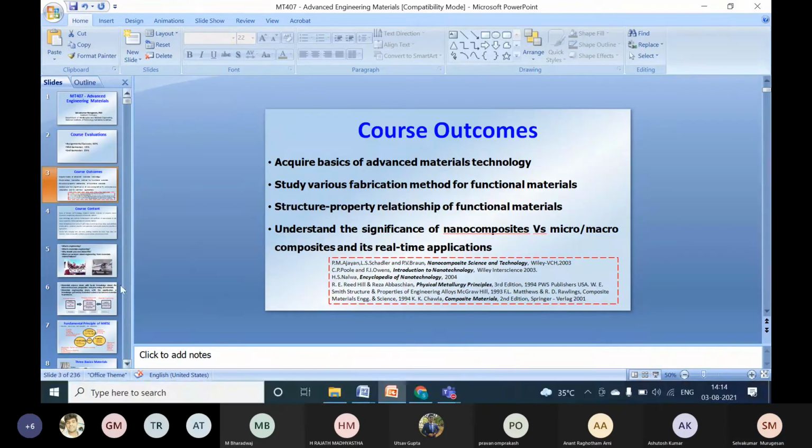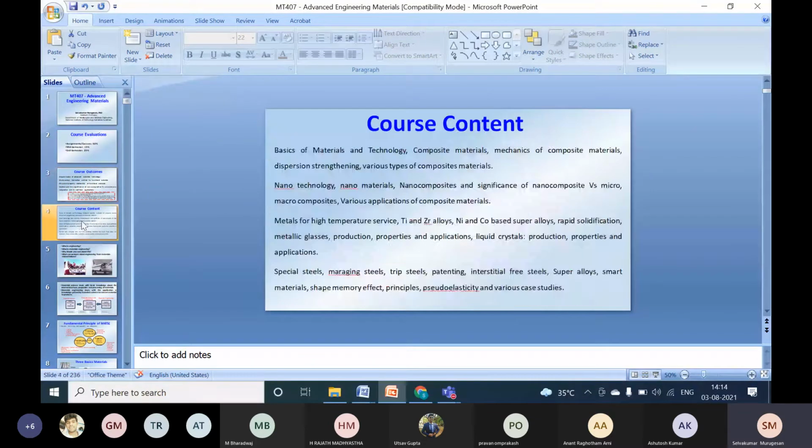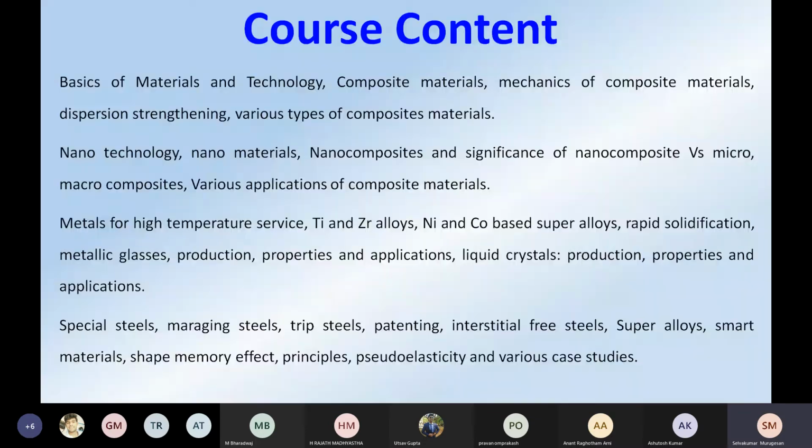So this is your syllabus or the course content. I'll start with the basics of materials and technology, and then we will straight away get into composite materials. Then we'll see different mechanics of composites and dispersion strengthening, etc. And then we will study different types of composites. That means we have different matrices, right? Polymer based matrix, metal based, and ceramics based matrix.